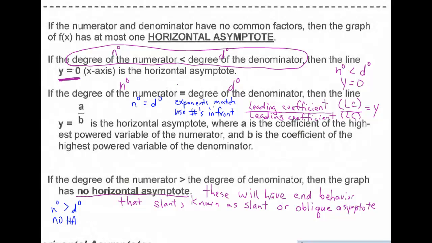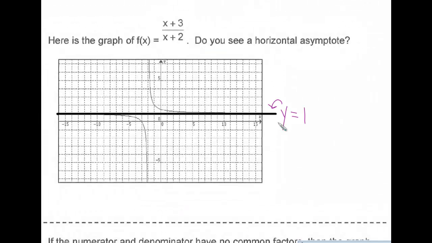Let's go back to the graph we just looked at. We could see by looking at the graph that the horizontal asymptote was at y = 1. But let's look at the equation. The degree of the highest powered variable is 1 in the numerator, and the degree of the highest powered variable in the denominator is also 1.